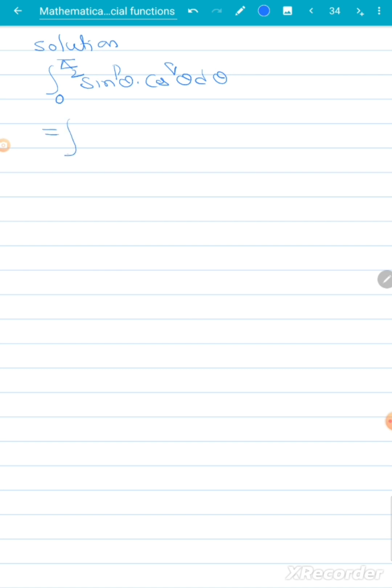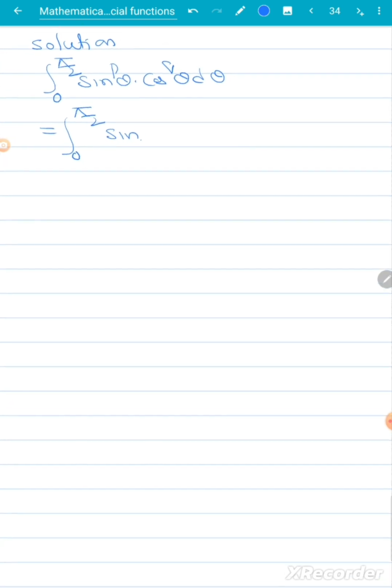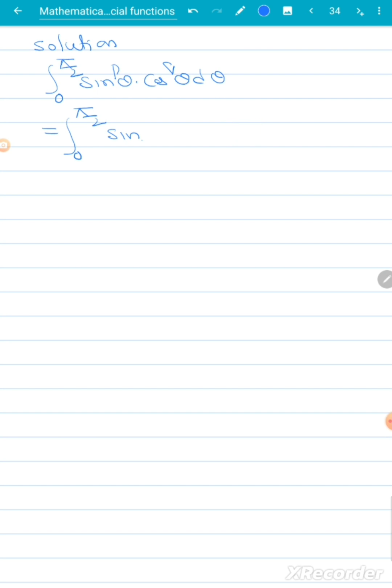So this can be written as integration 0 to pi by 2 sine to the power of p theta means sine to the power of 2 into (p plus 1) by 2 minus 1, and cos to the power of 2 into (q plus 1) by 2 minus 1, into d theta.